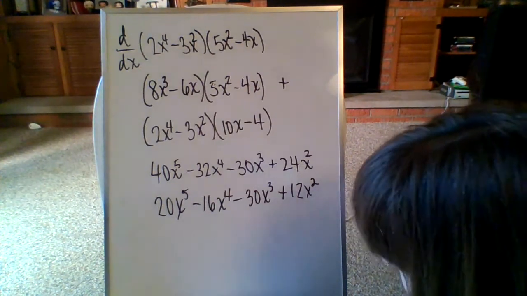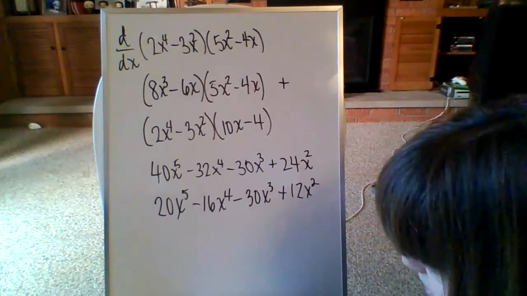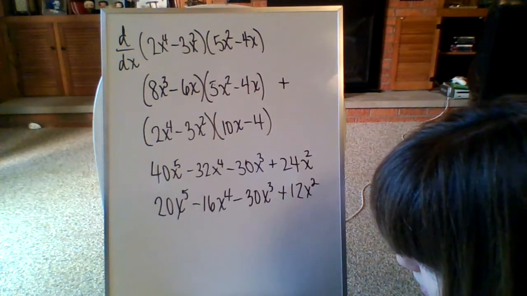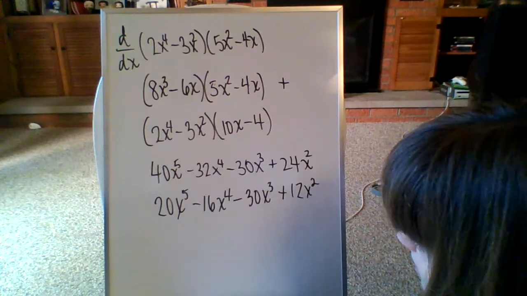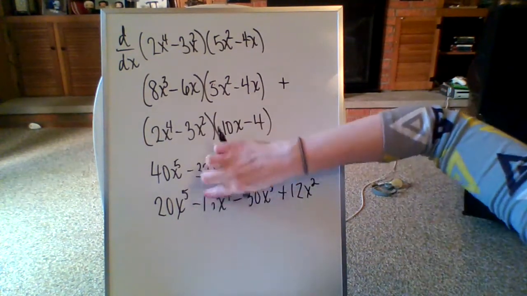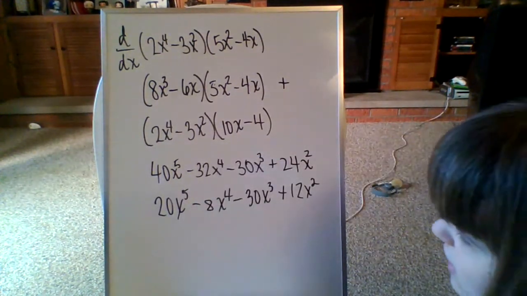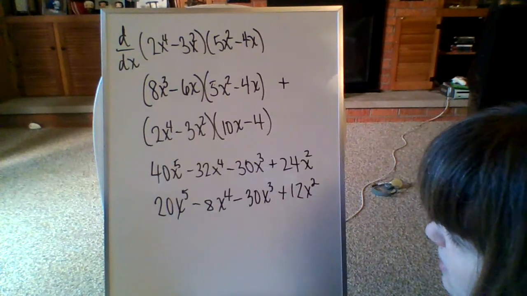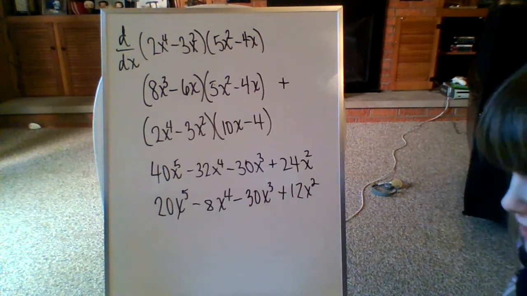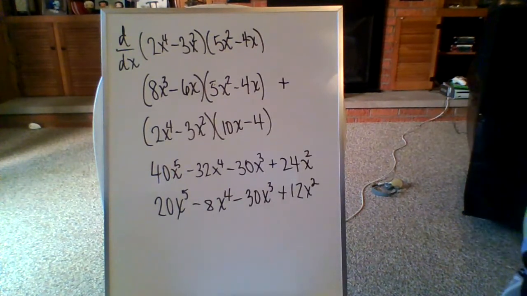Okay, let's make sure that checks out with what I had earlier. No. Because 2 times 4 is 8. Alright. Okay, that's right now. Alright, so now we're going to combine our like terms.